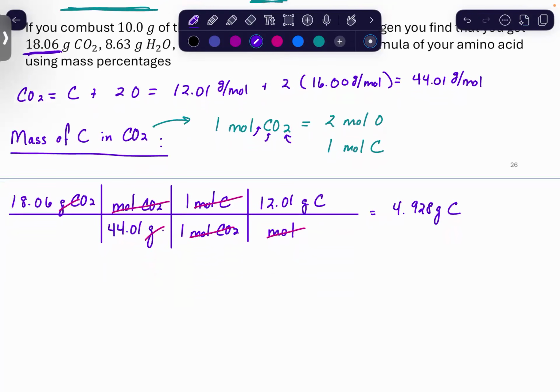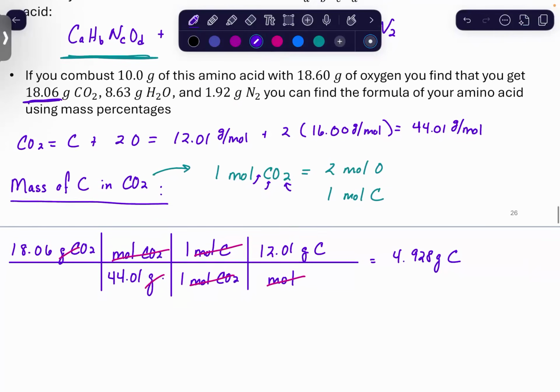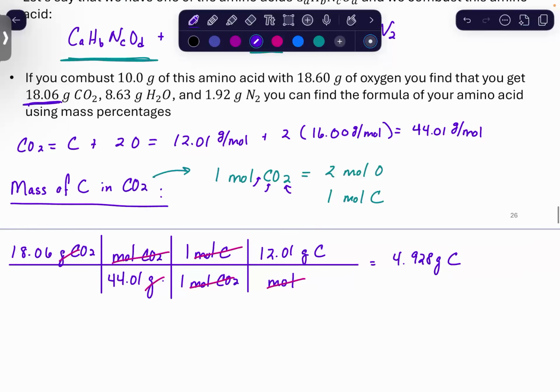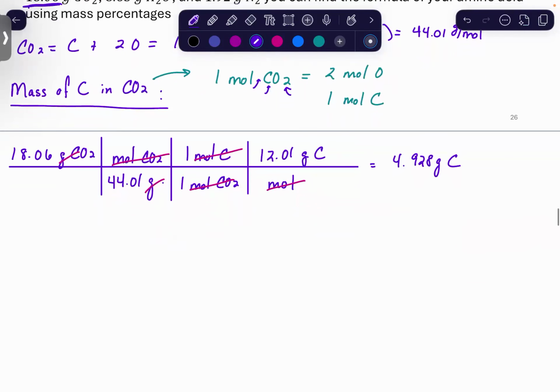Okay, now that I know I have 4.928 grams of carbon, I know that that's the same amount of carbon I had in my original amino acid. So I can find my percentage of carbon in my amino acid. Because I'm told I had 10 total grams of that, and in there was 4.928 grams of carbon.